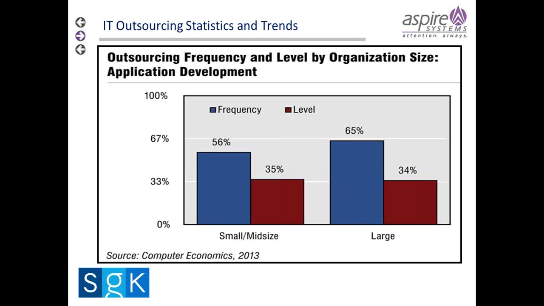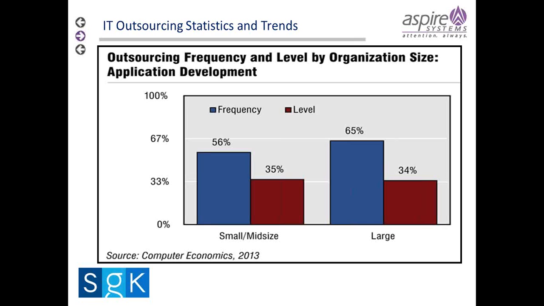And what do I mean when I say small and medium-sized organizations? We are talking about organizations that have less than $20 million of yearly IT budget. When we go towards the larger organizations who have more than $1 million budget on IT per year, the percentage actually jumps to 65. So we see more bigger companies getting involved in IT outsourcing.